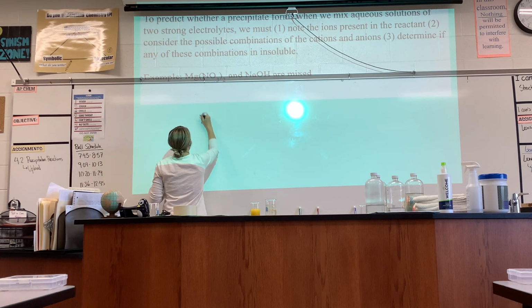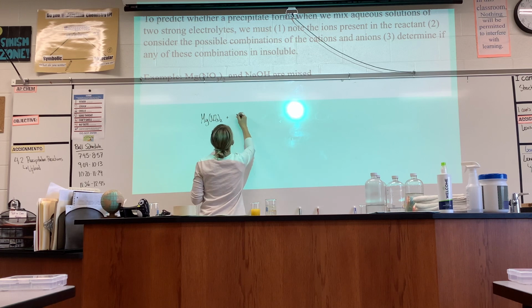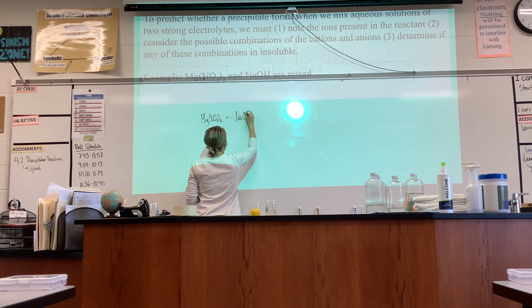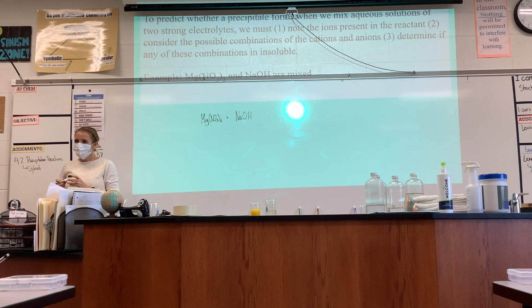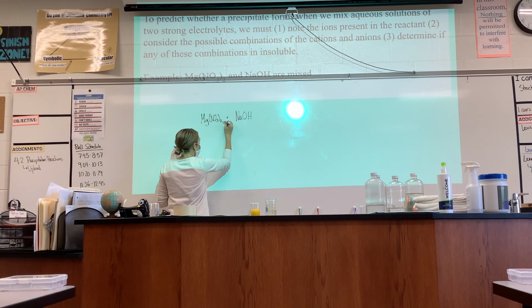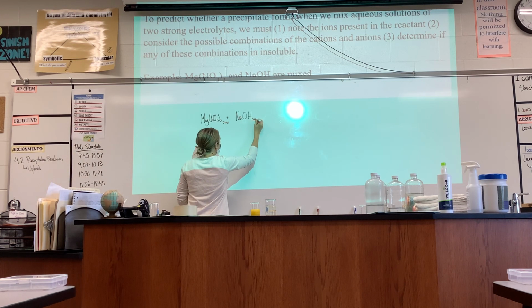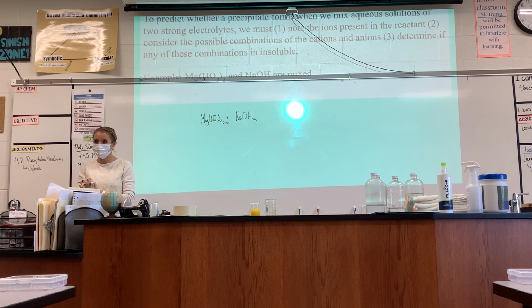It tells us that we're going to mix some magnesium nitrate with some sodium hydroxide. Now, what's important to recognize here is that because these things are both aqueous and they're ionic, they separate.